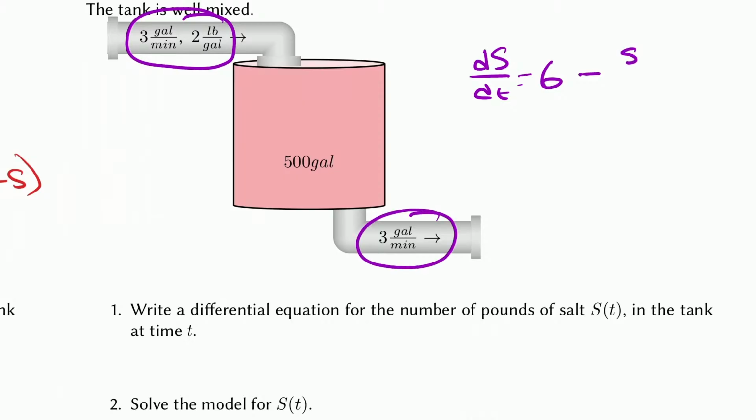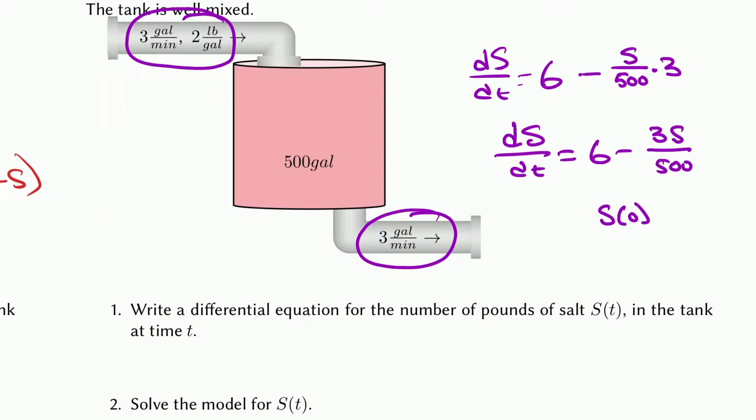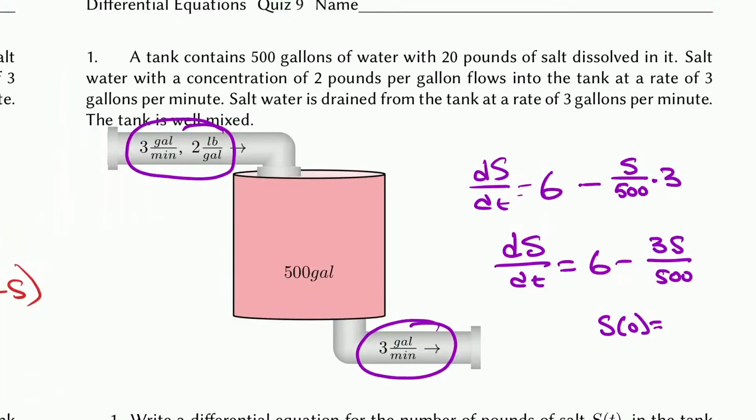So that's going to be the concentration times 3 gallons per minute. You should have something like this: 3s over 500, and s of 0 is equal to 20.